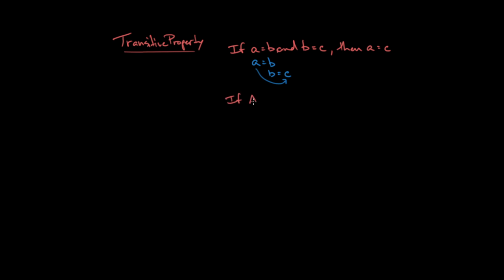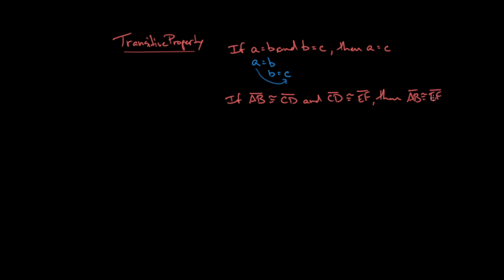So if AB is congruent to CD and CD is congruent to EF, let's say, then it'll be the case that AB is congruent to EF as well.